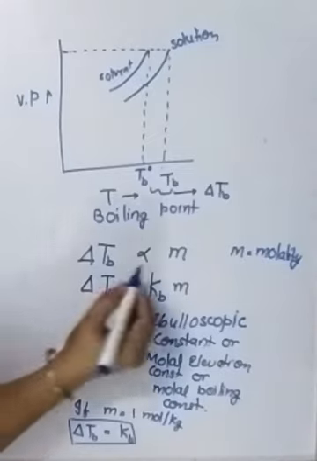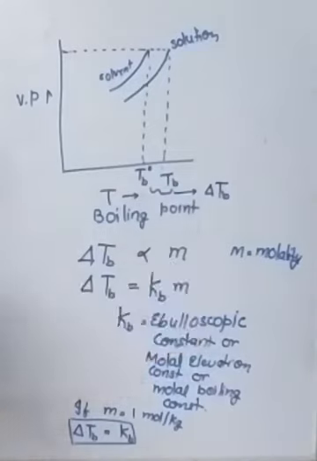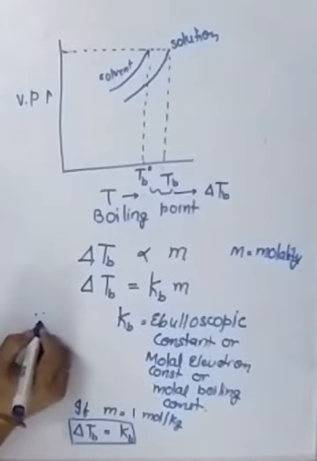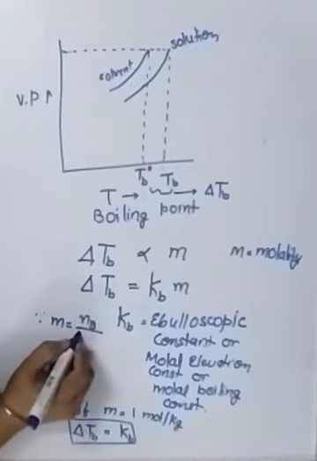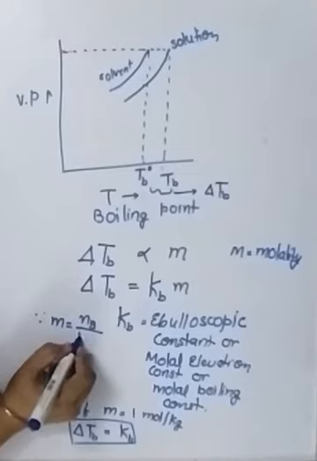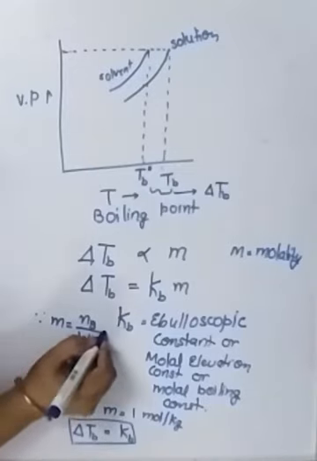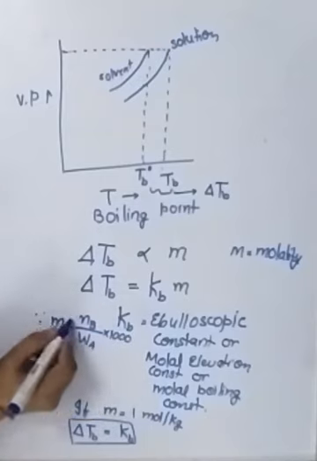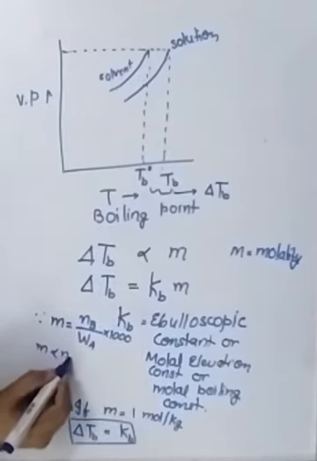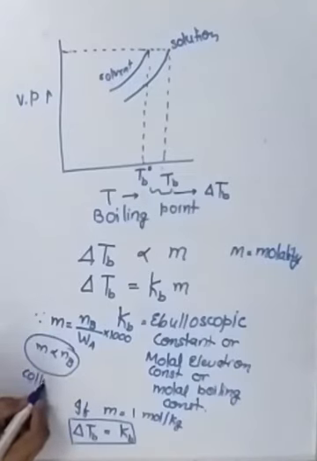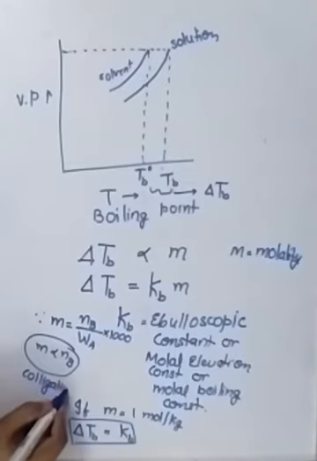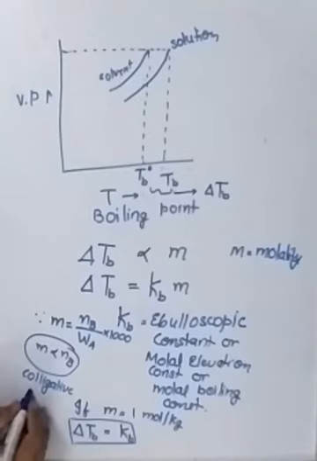Now since del Tb is directly proportional to m, and we know m is equal to the number of moles dissolved in 1 kg of solvent, m is directly proportional to the number of moles of solute. Hence it is a colligative property, because it depends on the number of particles of the solute.